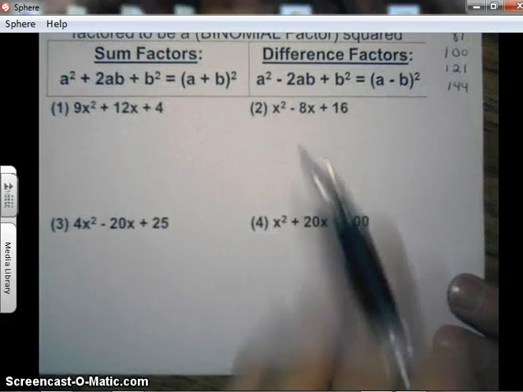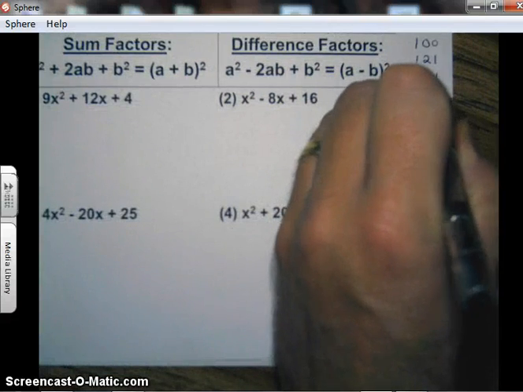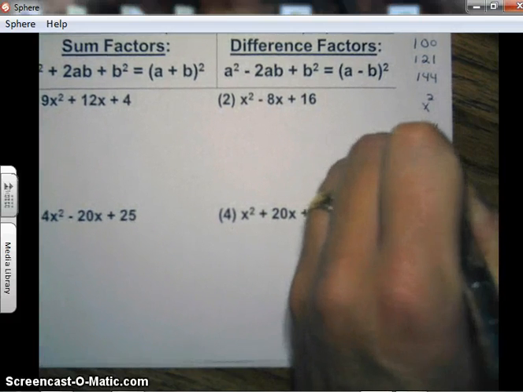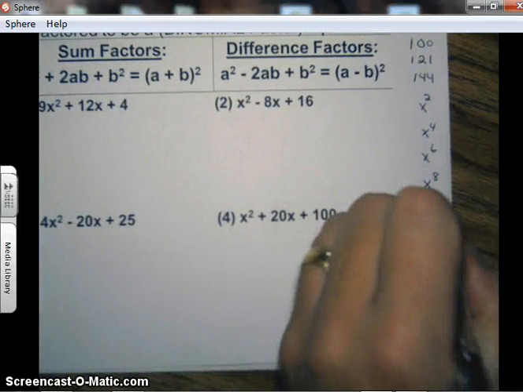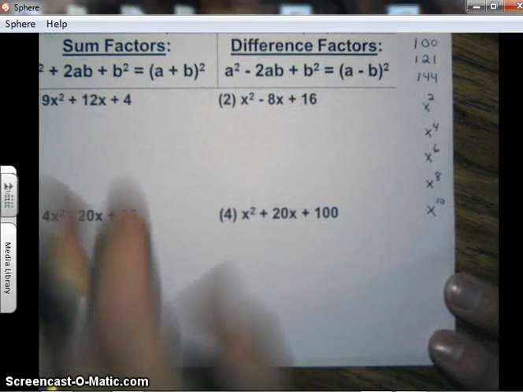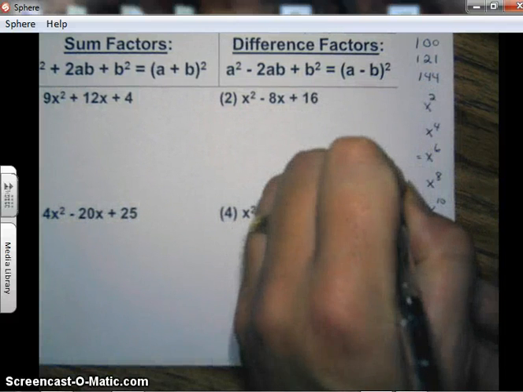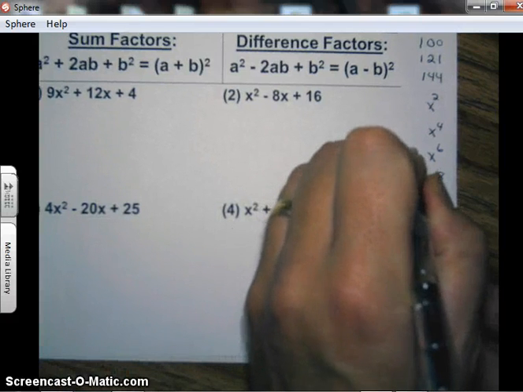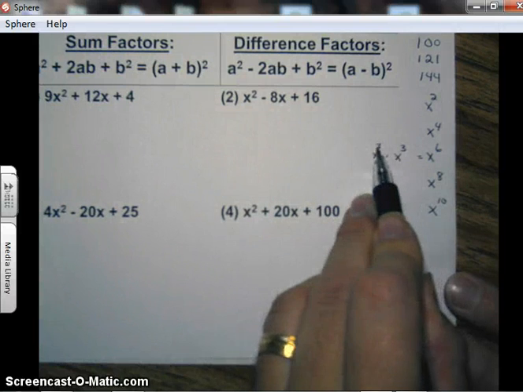Also, variables can be perfect squares too. So here are some examples of perfect square variables: x squared, x to the 4th, x to the 6th, x to the 8th, x to the 10th. So any even power is a perfect square variable. The reason is you can multiply something times itself, and remember that when you're multiplying like bases, you add the exponents.